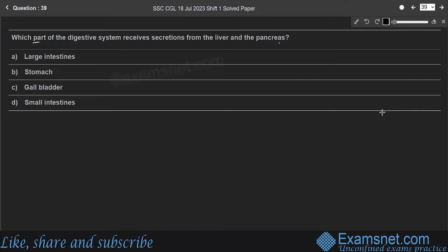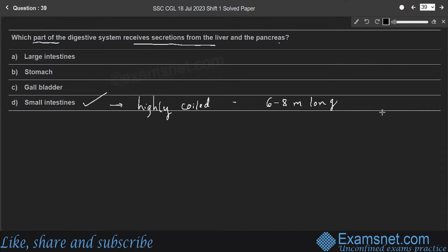Question 39. Which part of the digestive system receives secretions from the liver and the pancreas? Here, small intestine. Option D is the right answer. The small intestine receives secretions from the liver and the pancreas. It is highly coiled and about 6 to 8 meters long.